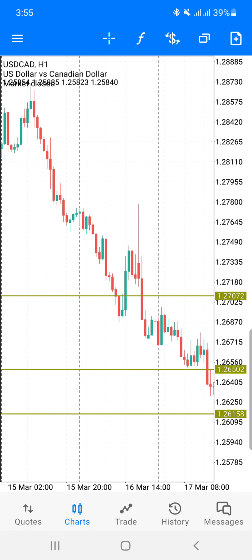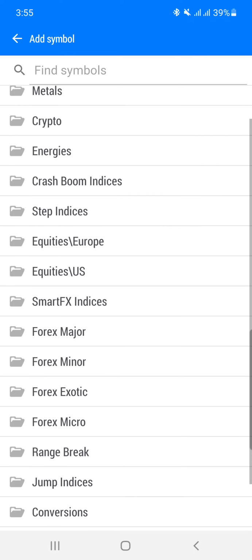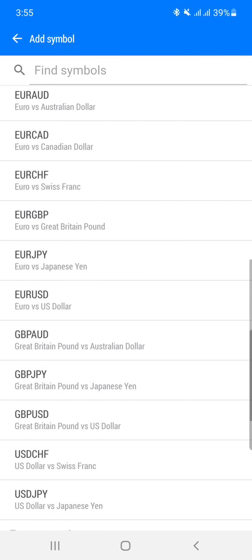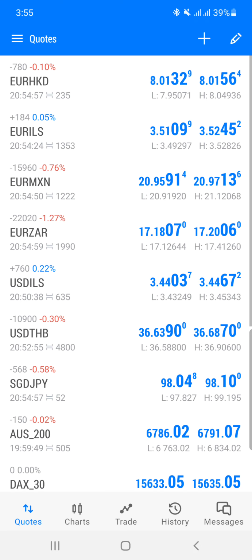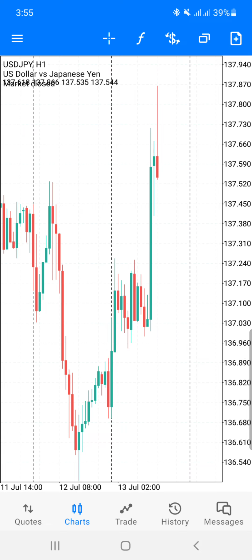This was USD CAD. Let's check USD JPY. So this is USD JPY. Let's look for examples of rejections.